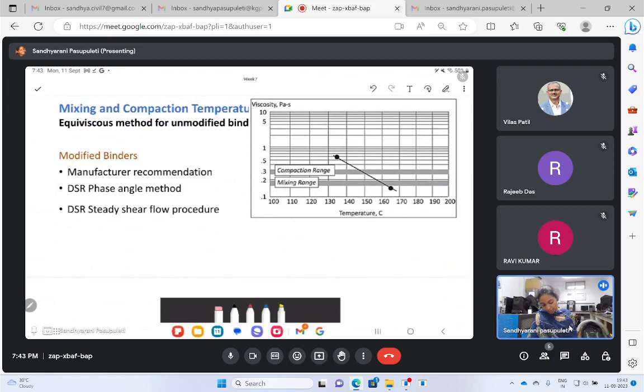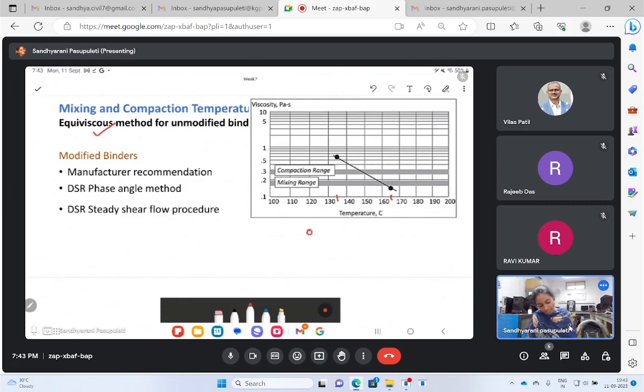And if we want to understand at what temperature we have to mix, we already know this equiviscous method for unmodified binders. So we test the binder at 135 degrees and 165 degrees. We determine the viscosity corresponding to 135 and the viscosity corresponding to 165. Then we will plot a graph. On the y-axis you can see the viscosity.